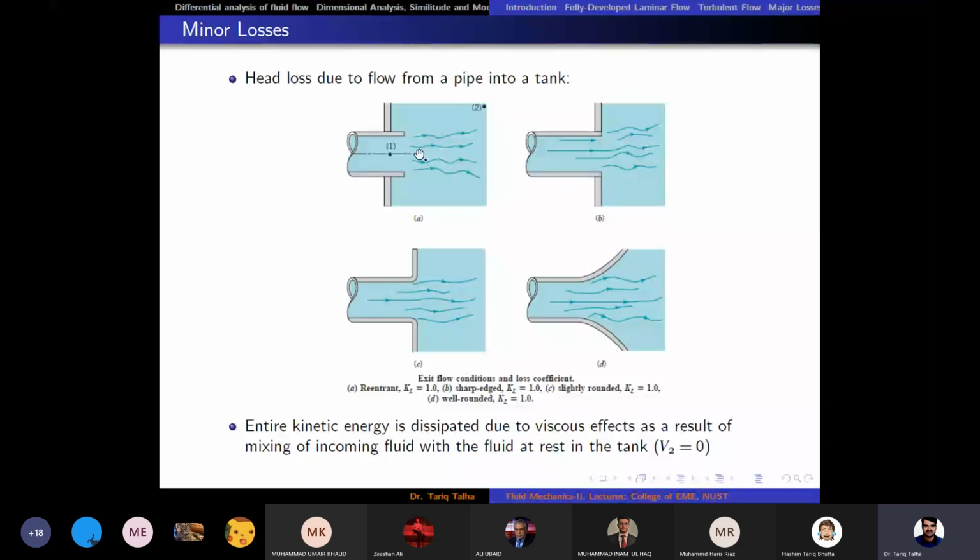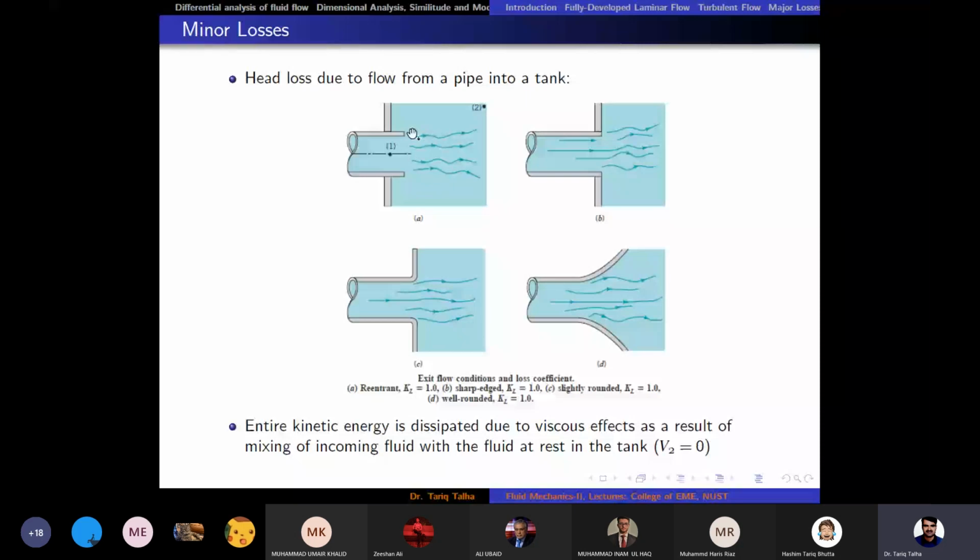And we all know that when the flow comes from a pipe into some reservoir, all the mechanical head or velocity head is converted into elevation head, because the water level in that tank would increase.